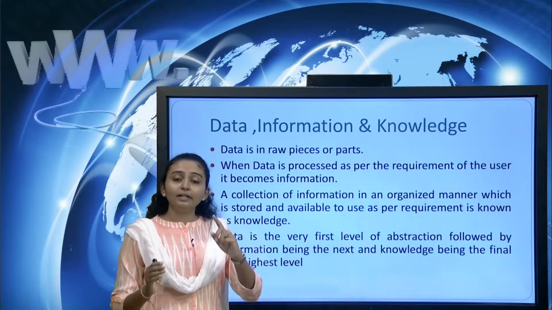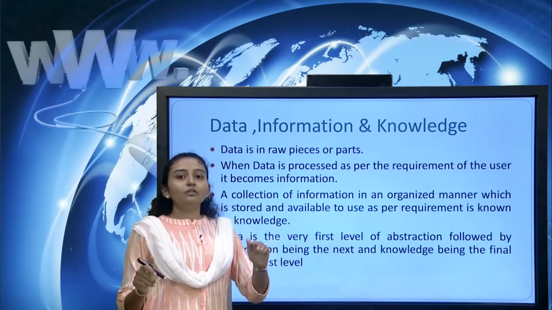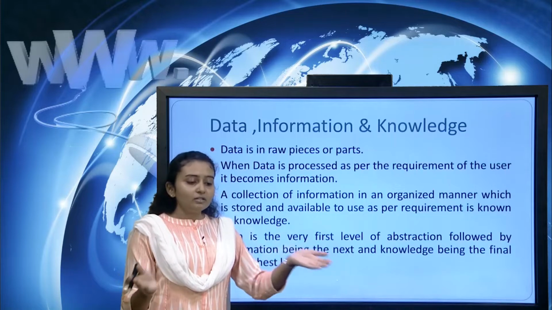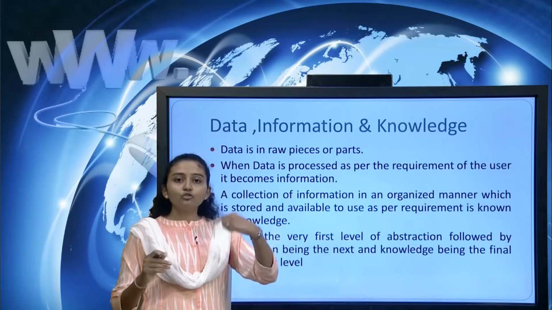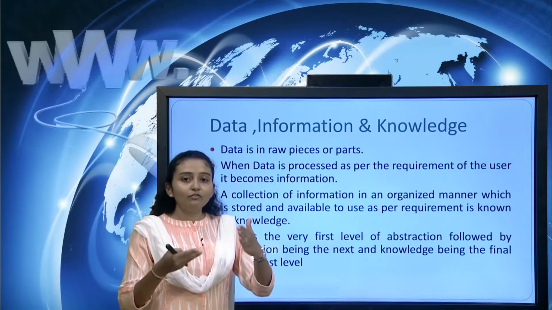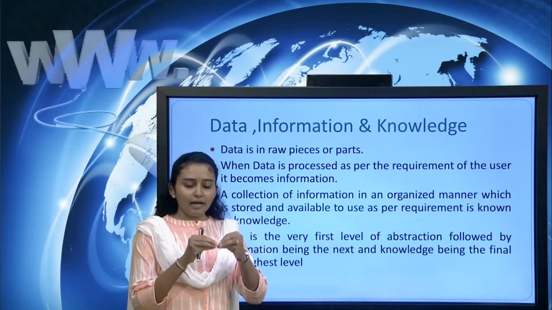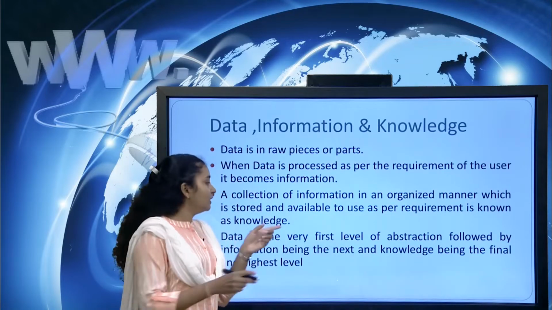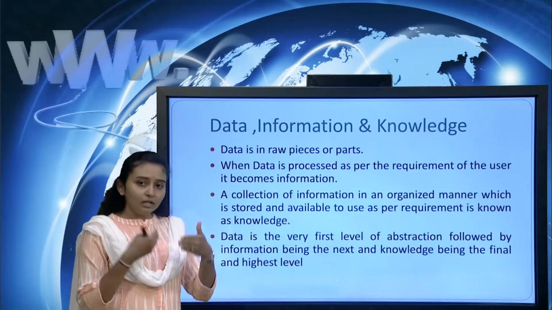So when the data was in the university in different departments, that was data. When it is collected and stored in our result section and shown at result time, it is called information. And while I am comparing that result with other students and getting knowledge from it, that is called knowledge.